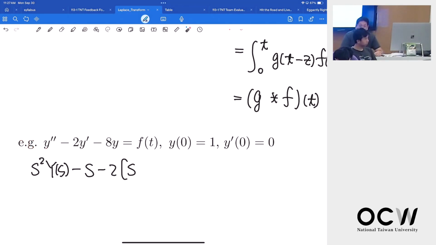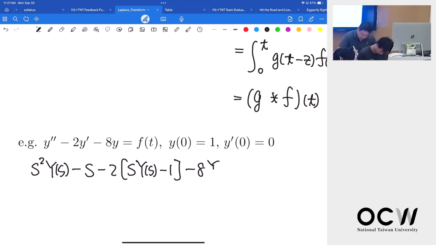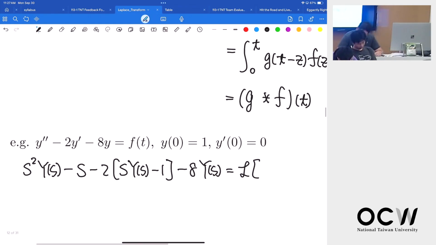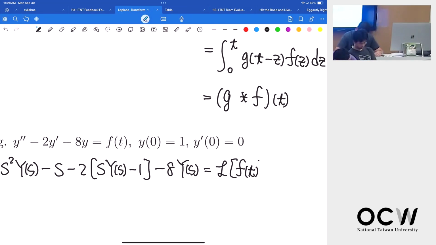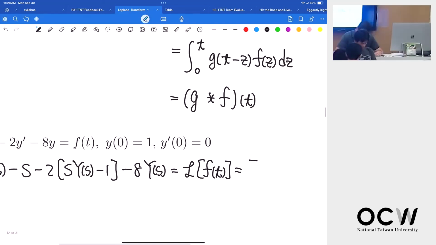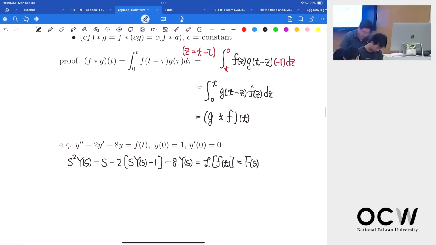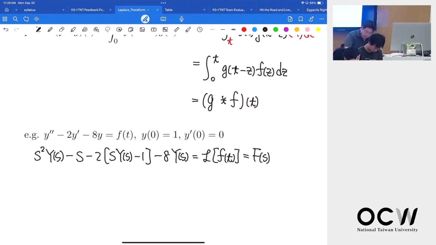We won't give you any hint. The right hand side f is just a function now, so we may say this is the Laplace transform F of s. Then you can find the Y.